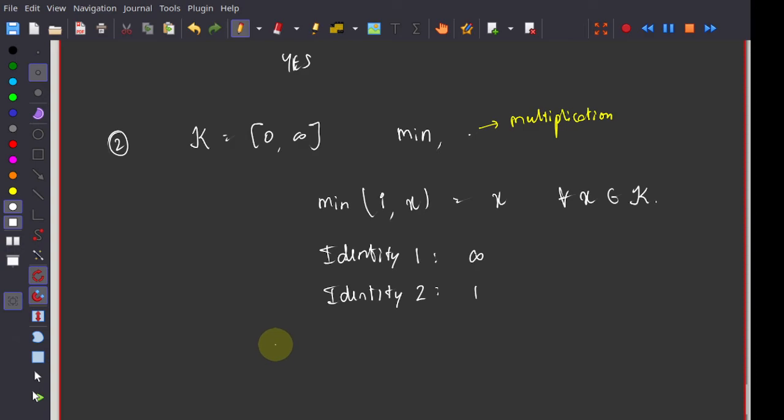So we want to verify that A times min of B comma C is equal to min of AB comma AC.